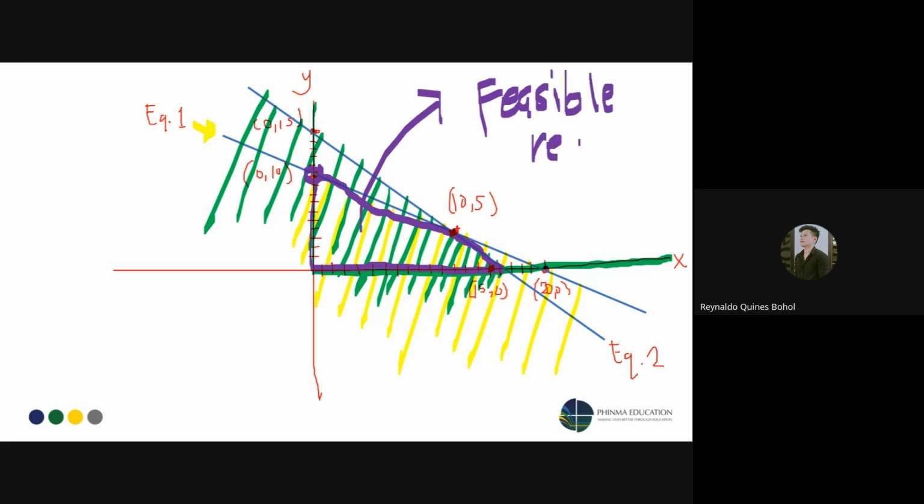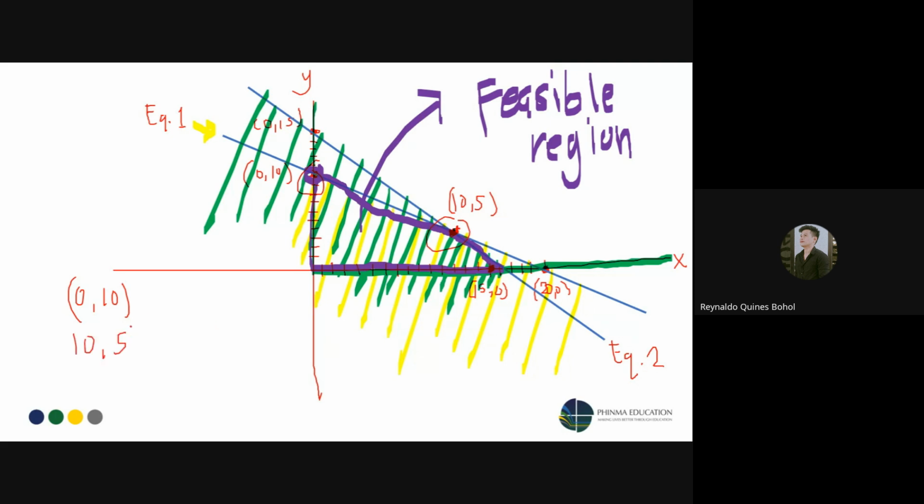Feasible region. Okay? So, kukunin na natin ngayon yung mga vertices. The first vertices here is 0, 10. So 0 and 10. Next is 10, 5.